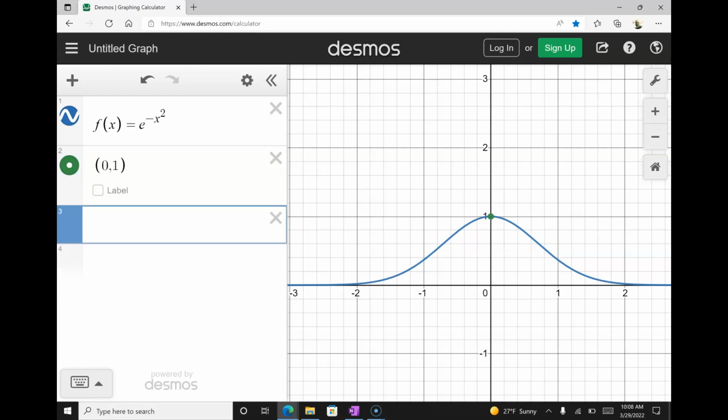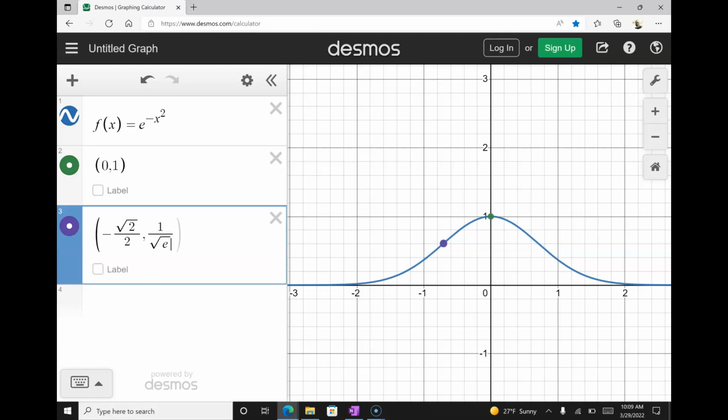And I think I have inflection points at negative square root of 2 over 2, comma, 1 over the square root of e.